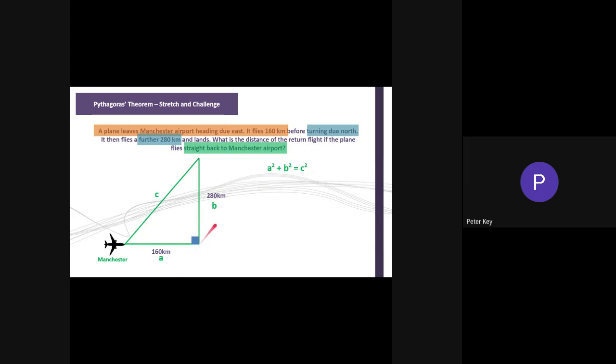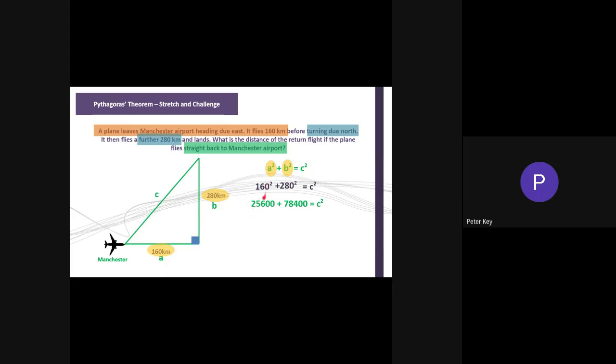If you're panicking, thinking, oh, how did you know that were a and how did you know that were b? It doesn't matter. So my a squared, 160 squared, plus my b squared, so 280 squared, equals this one, my c squared.